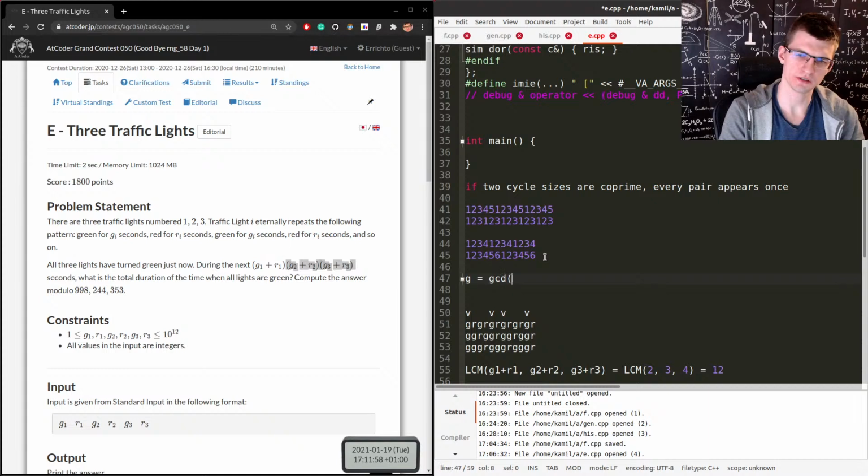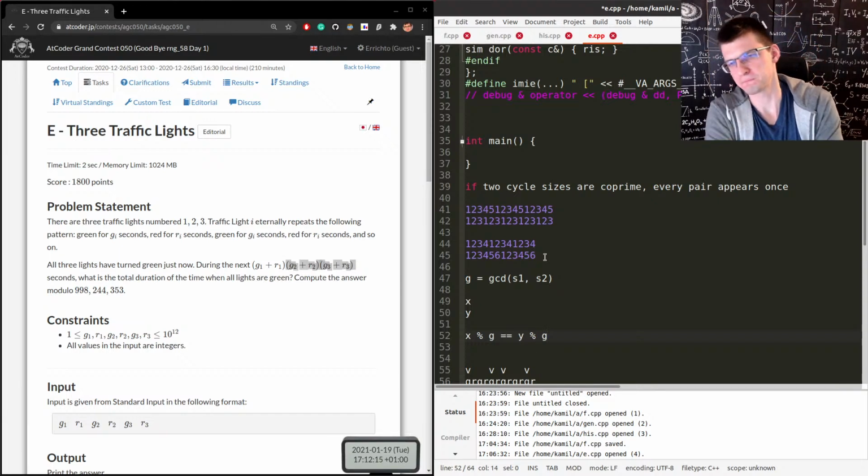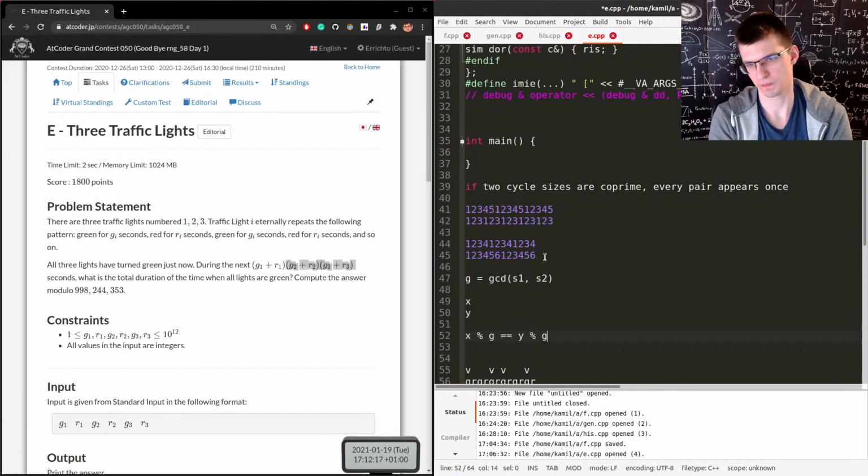So if we take the GCD of size 1 and size 2, then X can be paired up only with numbers Y, such that X modulo G is equal to Y modulo G. I think.